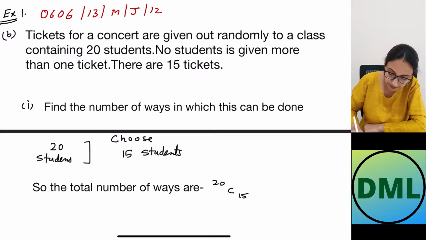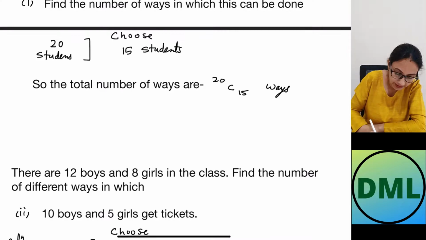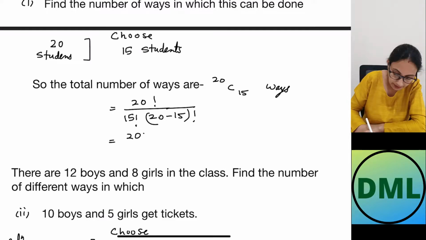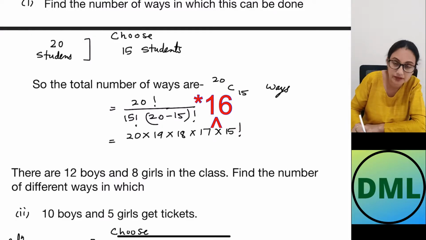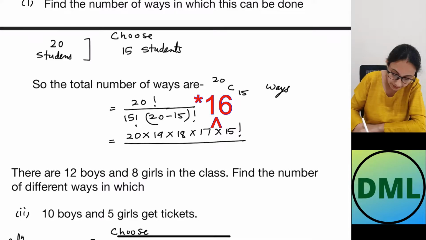20C15 ways. If I solve it here, this can be written as 20 factorial over 15 factorial times 20 minus 15 factorial, which can be written as 20 times 19 times 18 times 17 times 16 times 15 factorial, divided by 15 factorial times 5 factorial.